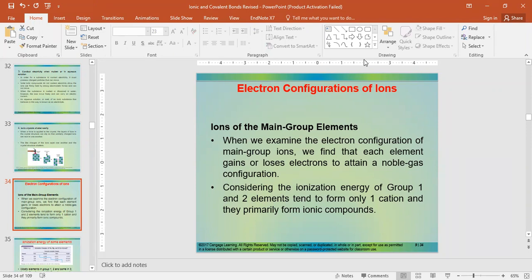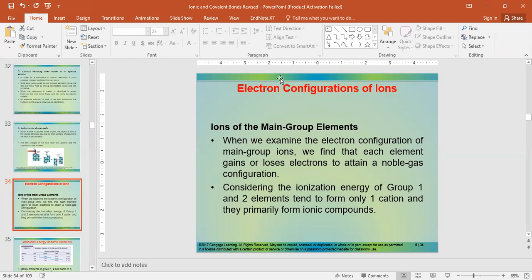When we talk about the main group elements, here we are talking about the s and p block elements. Those elements may form ions by either losing or gaining electrons, and they do so to attain a noble gas configuration.